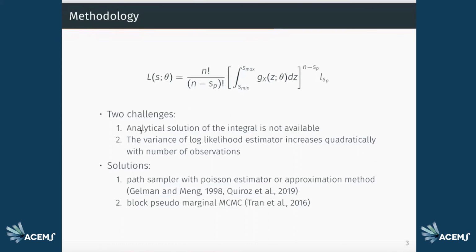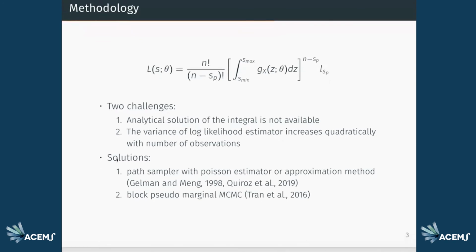The second is that the variance of the log likelihood estimates increases quadratically with the number of observations. Say if n equals 1,000,000, then the variance of the estimates will increase a lot by having n as a large number.